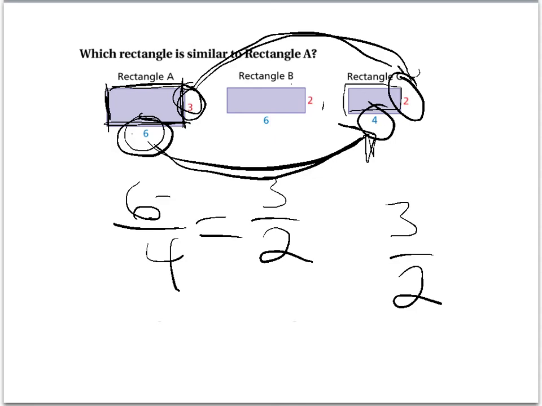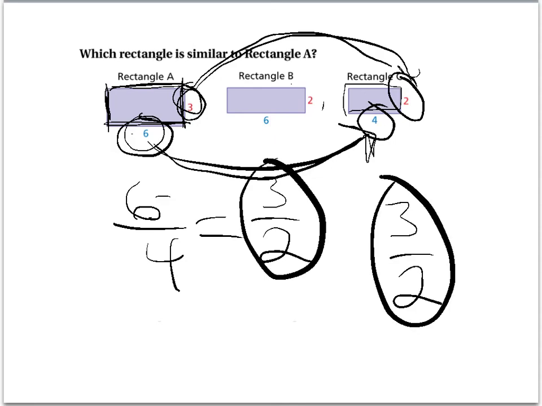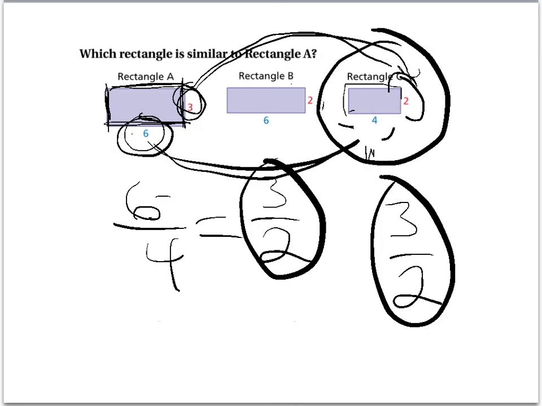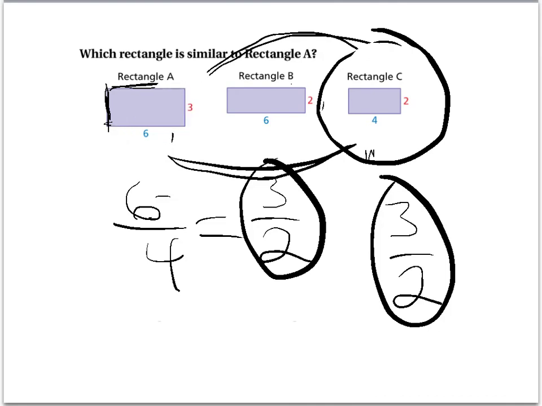So both of these are 3 over 2. That means that the answer here, which rectangle is similar to A, would be rectangle C. And basically, that's because the ratio of these two rectangles with each other is 3 over 2.